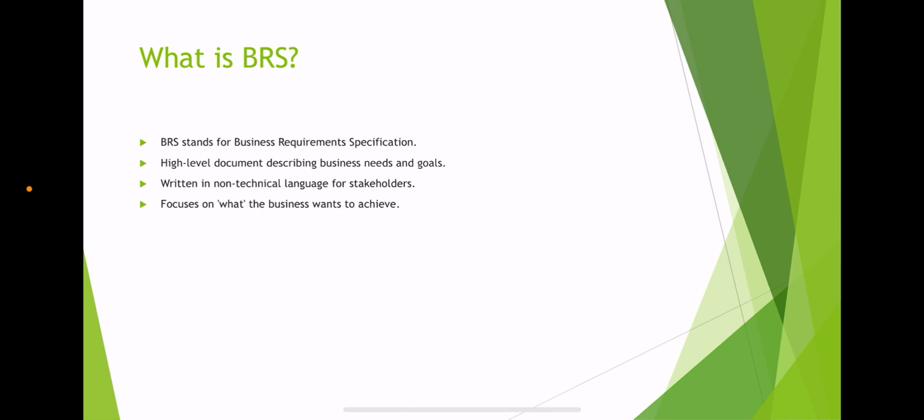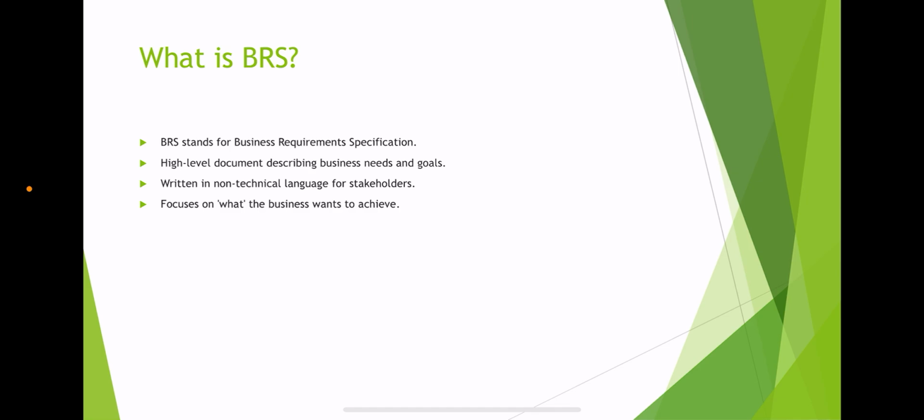So BRS is the high level document whose main purpose is based on what the client or the business wants, whereas this BRS document is written for the business stakeholders and for a high level understanding of the requirement.